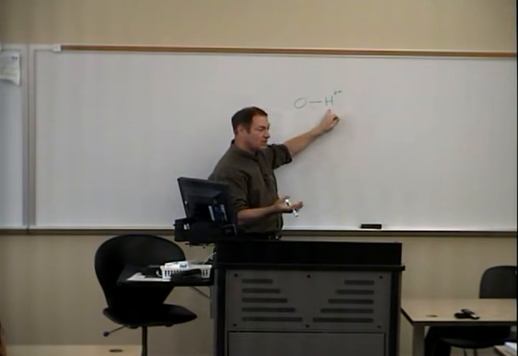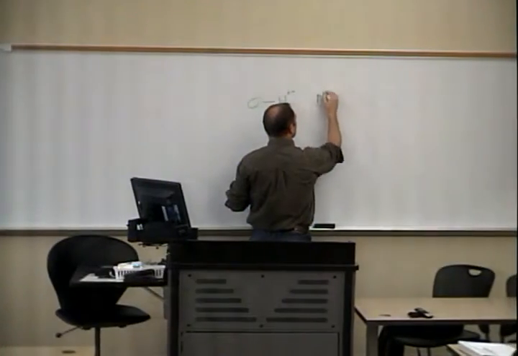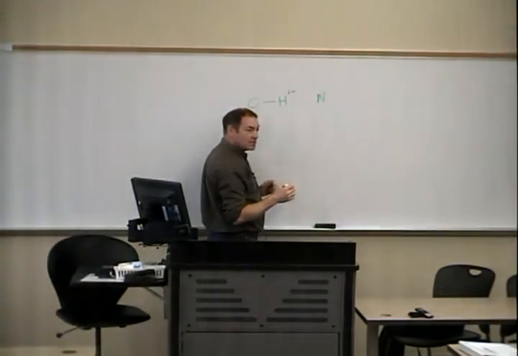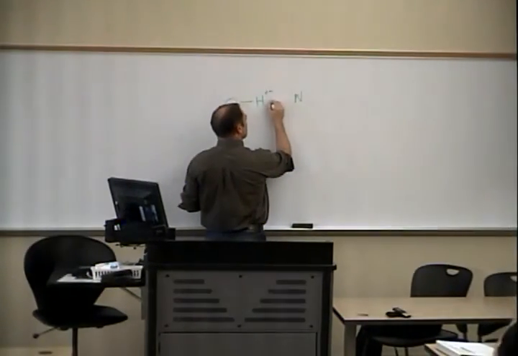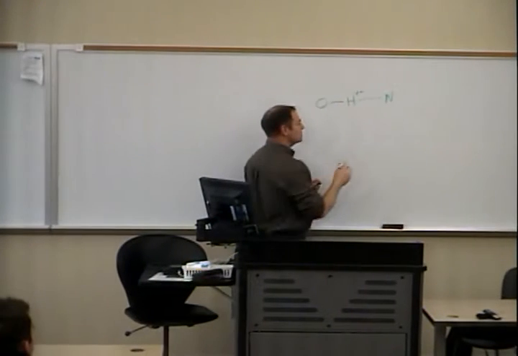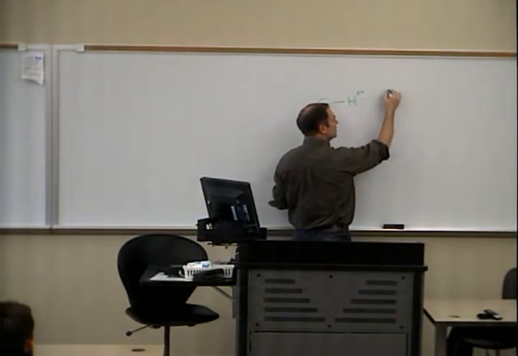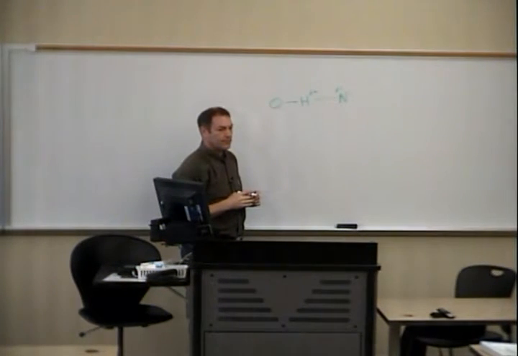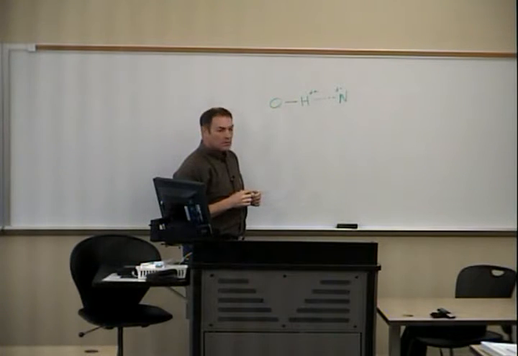There's the nitrogen. Okay? Now, we don't draw it as a straight line because it's not a covalent bond. We typically draw it as a dotted or dashed line. So what's the charge around nitrogen? It's going to be more negative. Now let's just complete this.